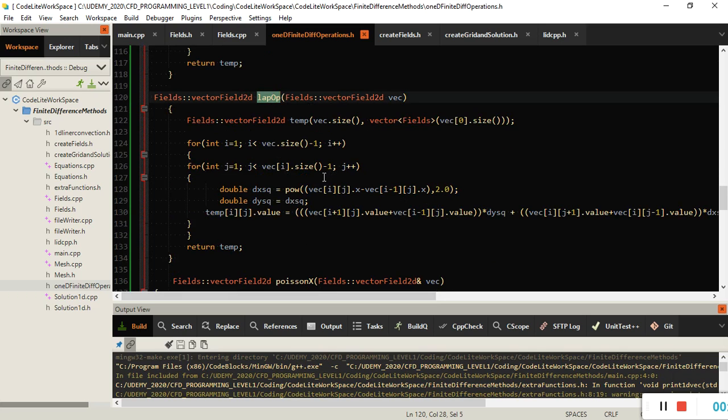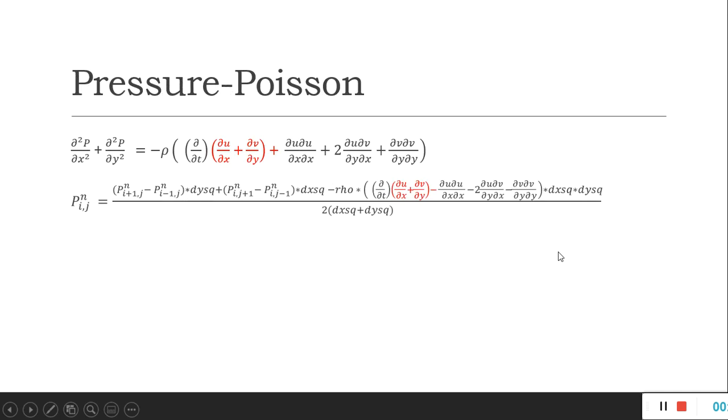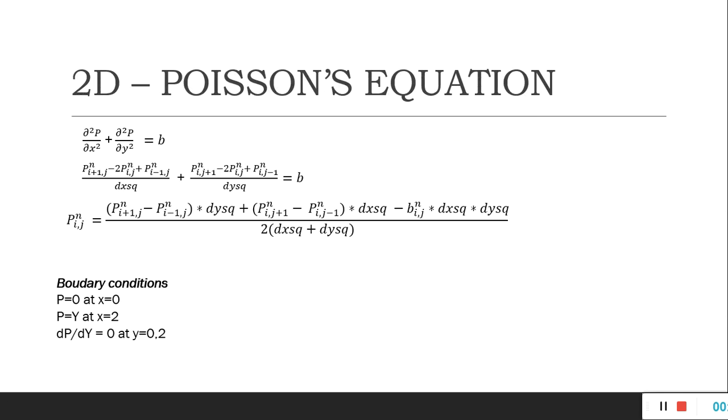And if we look at our pressure Poisson equation, let's actually go to a simpler version.